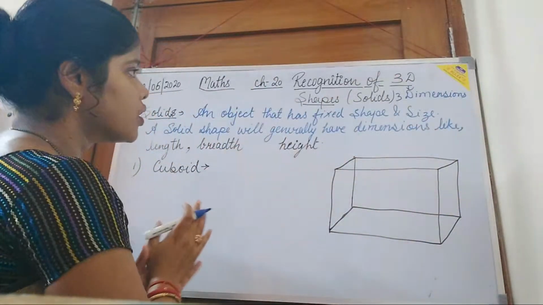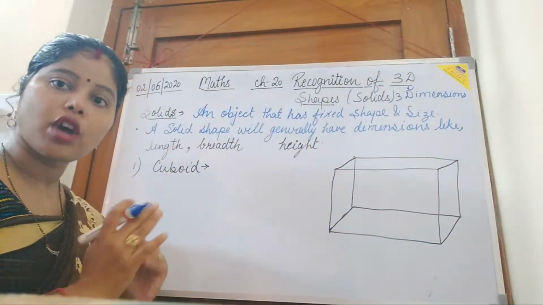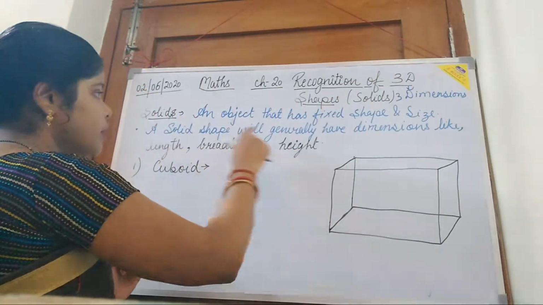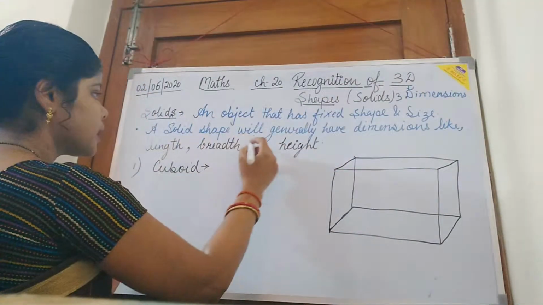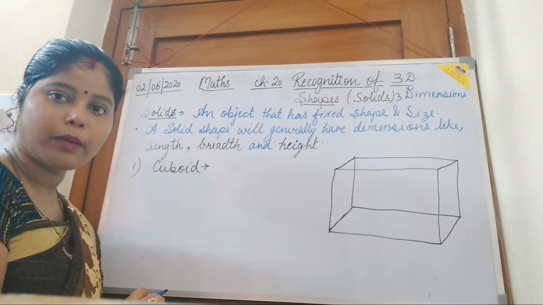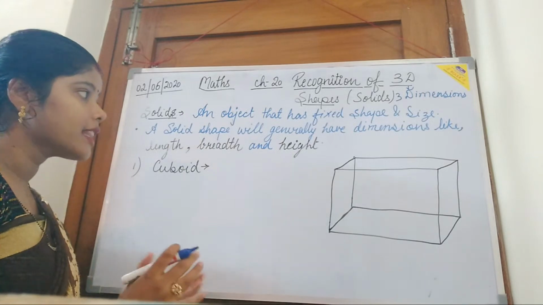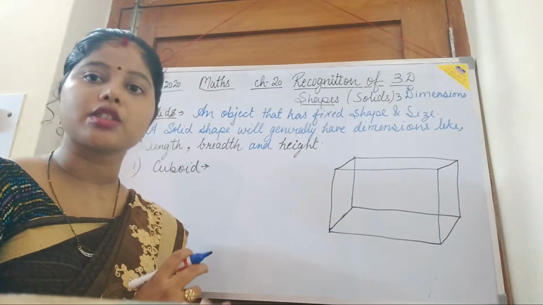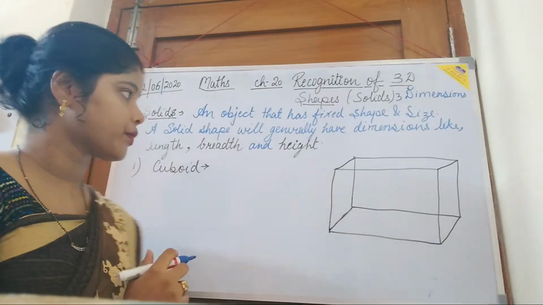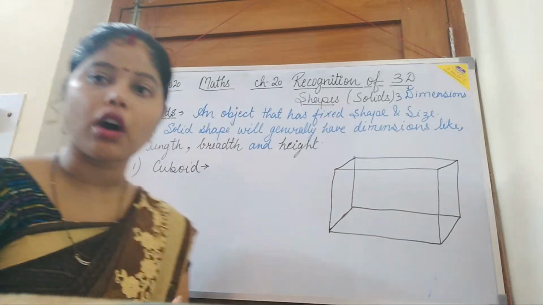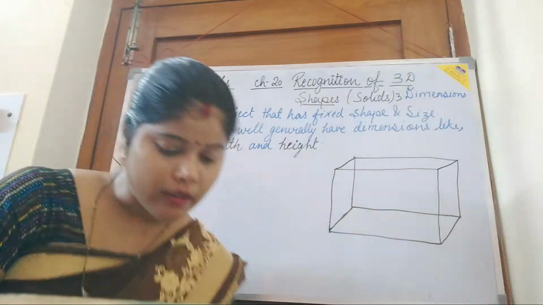Solids mainly have 3 dimensions: length, breadth and height. The space occupied by a solid object is called its volume.